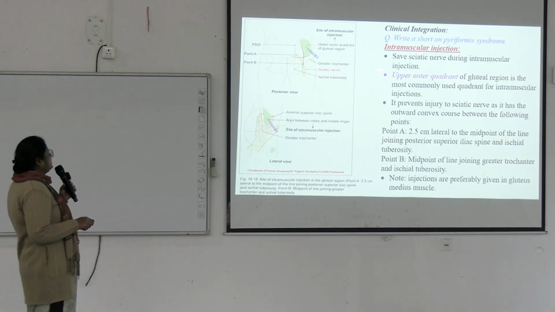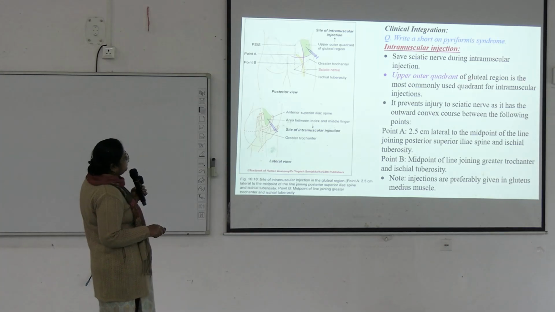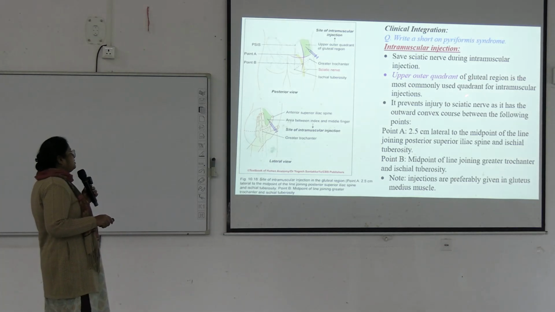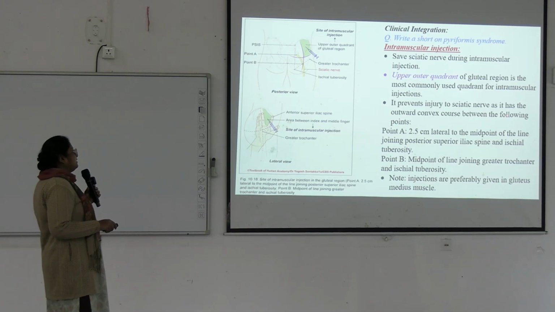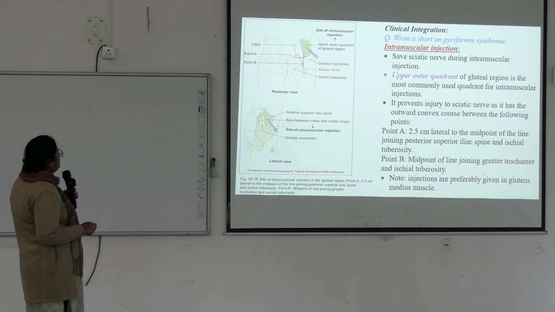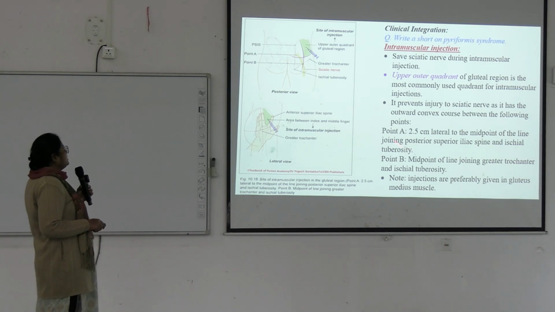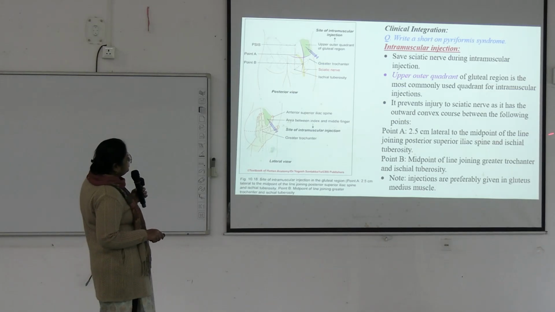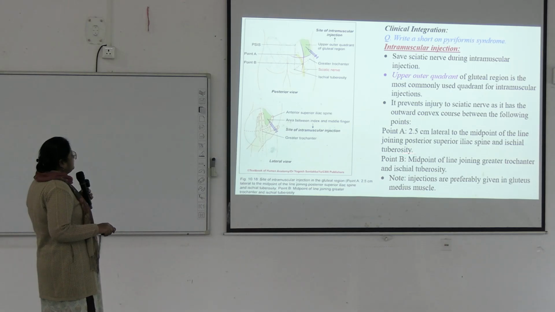To save the sciatic nerve during intramuscular injection, the upper outer quadrant of the gluteal region is the most commonly used quadrant for injection, to prevent injury to the sciatic nerve, as it has an outward convex course between the following two points. Here is point A, point B. First point is 2.5 centimeter lateral to the midpoint of the line joining the posterior superior iliac spine and ischial tuberosity.